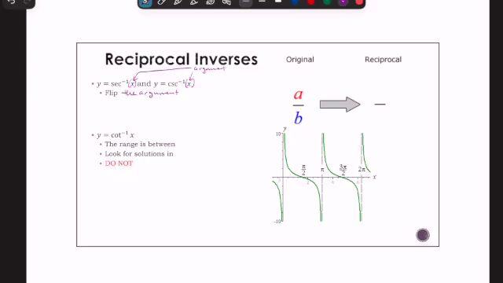I'm going to flip the argument and make secant inverse of x equal to cosecant inverse of 1 over x, since they are reciprocals, right?